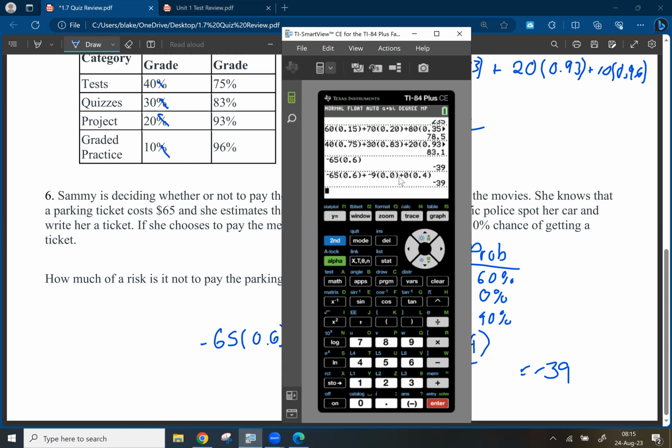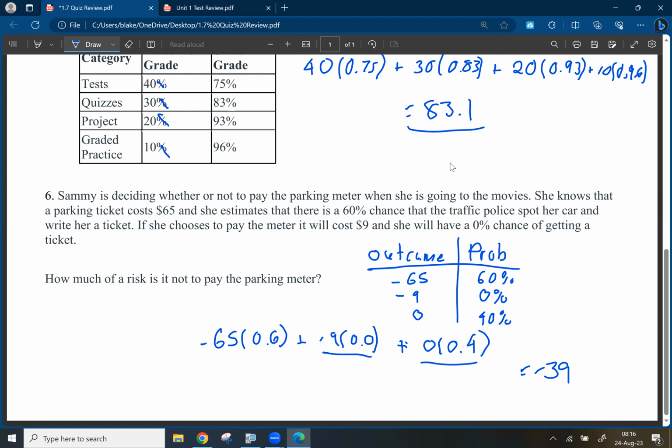So these essentially are worth nothing. I just want to point that out in case you didn't already notice it. Essentially, negative 39 would be the average price that we pay if we don't pay the parking meter.